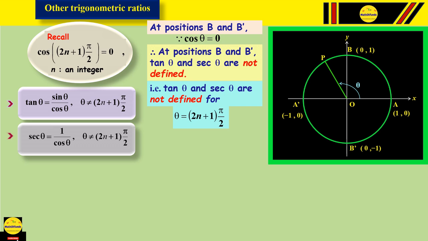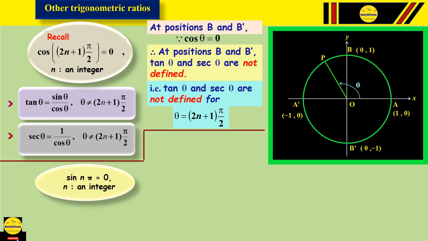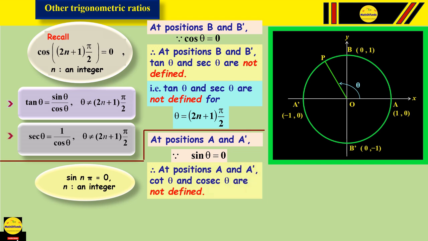Okay. Now, these are two trigonometric ratios where cos theta is appearing in the denominator, right? Now, recall those where sine theta was appearing in the denominator and becoming 0. Sine n pi is 0, that we have already seen. That is regarding positions a and a dash where sine is 0, right?